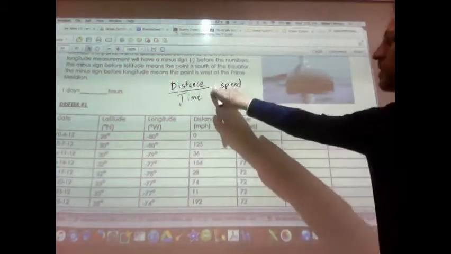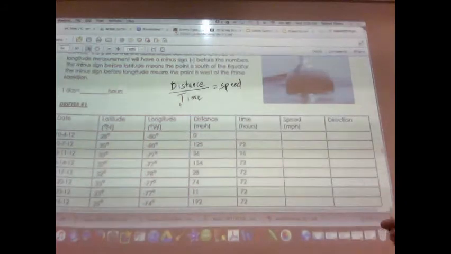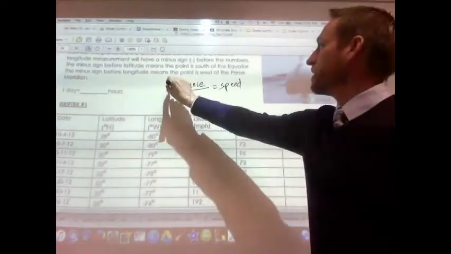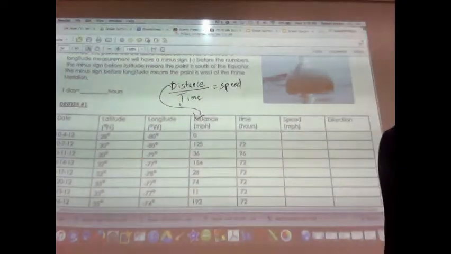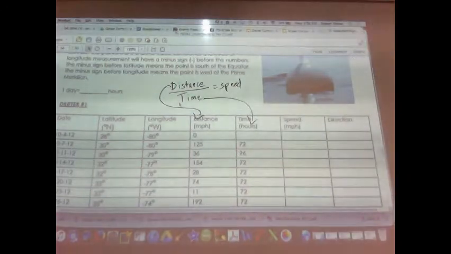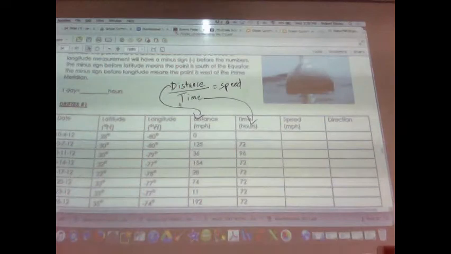Okay? Distance divided by time equals speed. If you even want to write that on your sheet, you can. So it's pretty simple because they give you distance and they give you time. Okay? You can use a calculator, like I said, to help you with this. That should give you the speed.